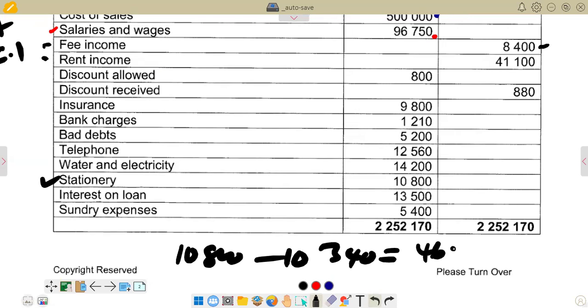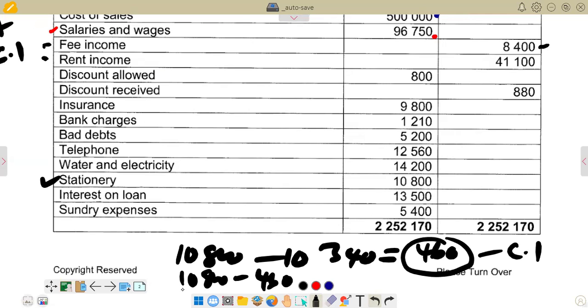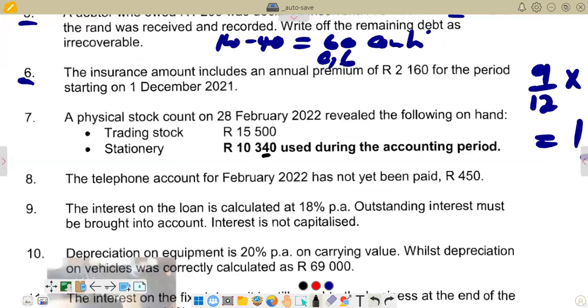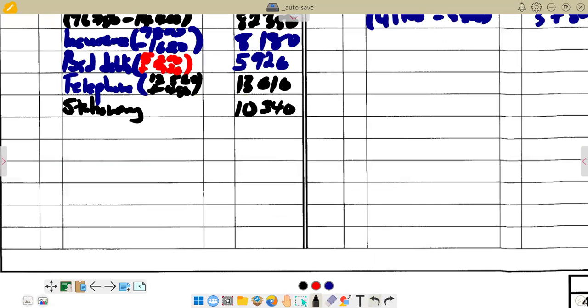So 460 represents the closing inventory of stationery. On the other section, you can just summarize the working by saying that to arrive at 10,340, you are now going to say 10,800 minus 460. So this is how we can summarize it, just to show how you arrived at 10,340.